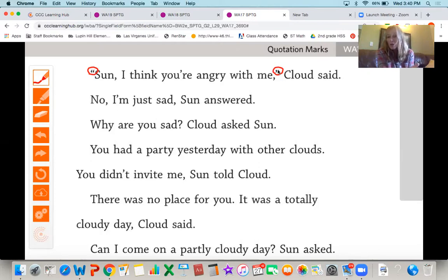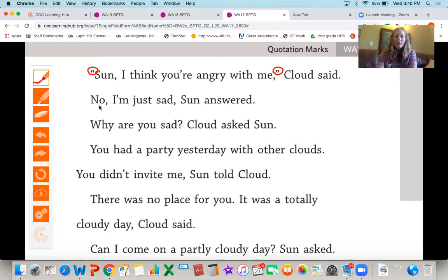And they also look a little bit like an apostrophe. We did apostrophes with our contractions, where we used an apostrophe to take the place of a letter or letters. Okay, so they look similar, but we've got two quotation marks on one end and two on the other of what is being said.